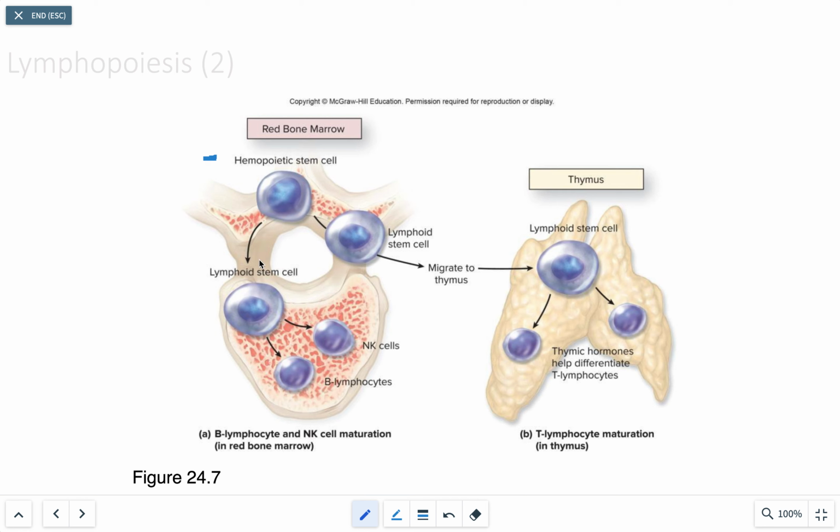In this example, what we see with lymphopoiesis is the division from a hemopoietic stem cell to a lymphoid cell.